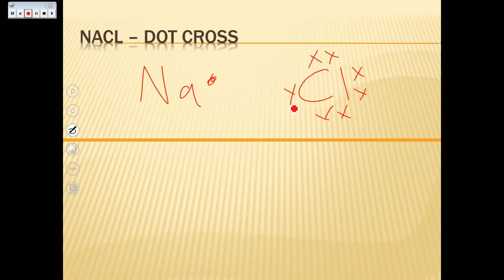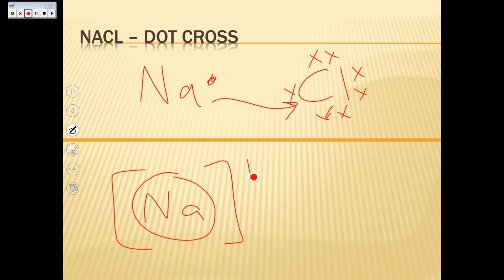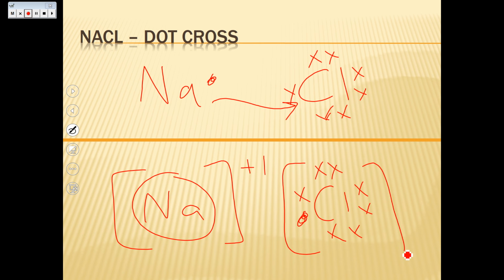So for the dot cross model, we're going to have sodium with 1 dot. Chlorine, we're going to represent using 7 dots. This 1 electron is going to be transferred over to the chlorine. So sodium is going to end up with an empty shell, and the chlorine is going to pick that electron up, represented by a different symbol, which is a dot, and it's going to take on a negative 1 charge.